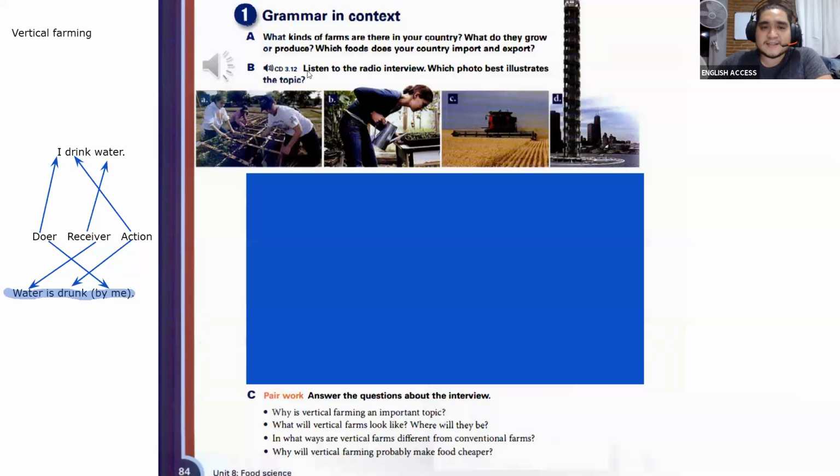So yeah, that's pretty much all about vertical farming. What do you think about it? I mean, do you think it would work here in Mexico for us to have that? For wheat, maybe. Yes, I think it will work, especially in Mexico City.